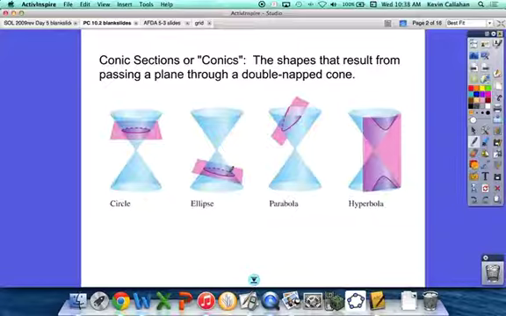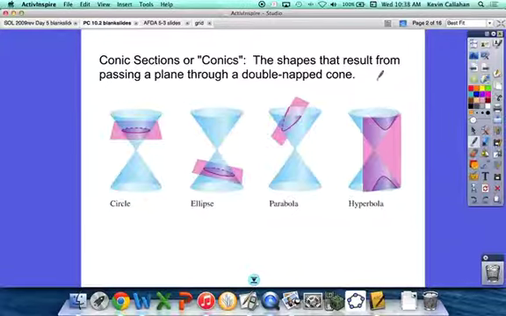Obviously, we've done circles. We talked about them a little bit, but not much. We've done parabolas, in some context, we have looked at parabolas before. Ellipses are new. Actually, hyperbolas are not new. You've done hyperbolas before. That's the graph of an inverse variation, y equals 1 over x.